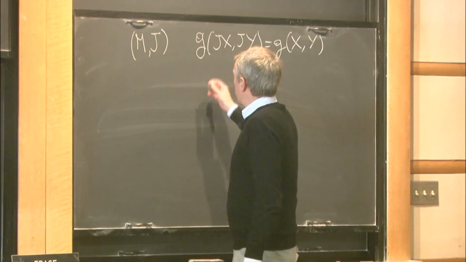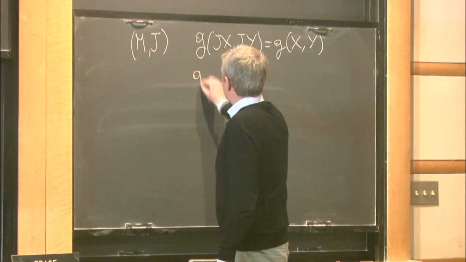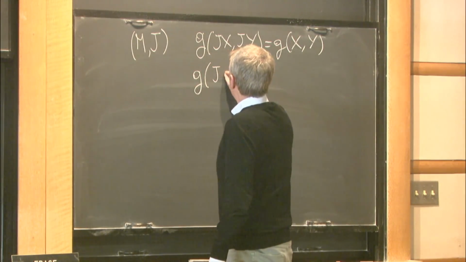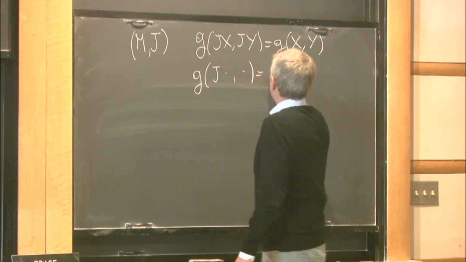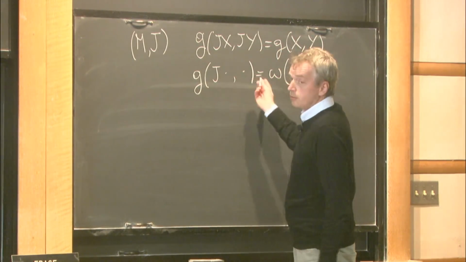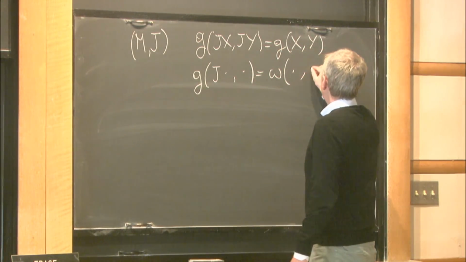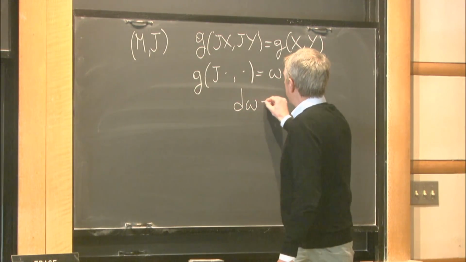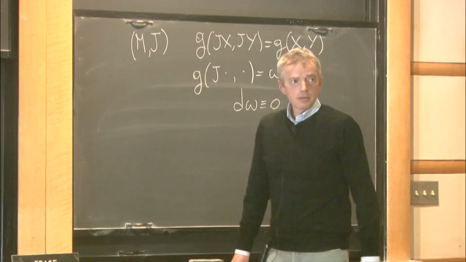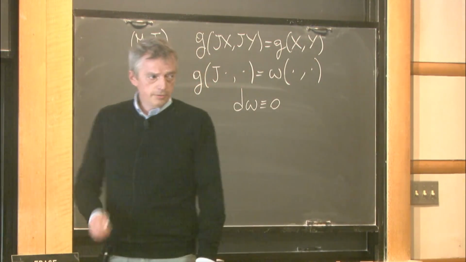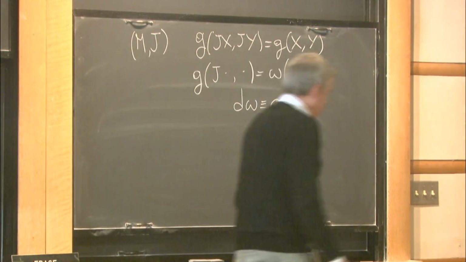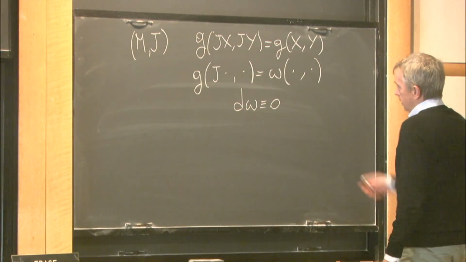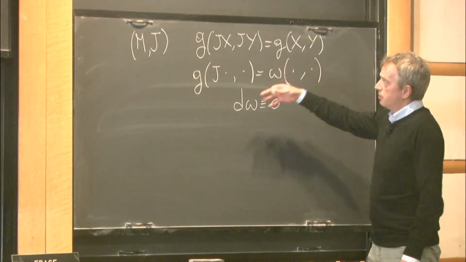But on top of that, you associate to a metric another object, which is skew-symmetric instead of symmetric, a two-form. The Kaehler condition requires that this form is closed, so it's a symplectic form. In Riemannian geometry, these metrics are special for many reasons.